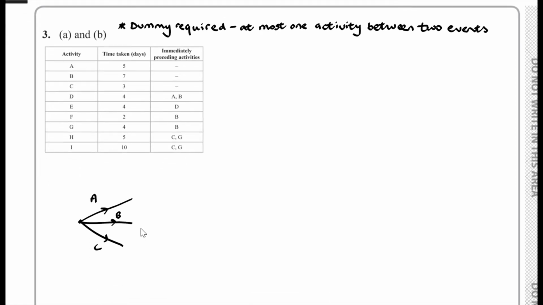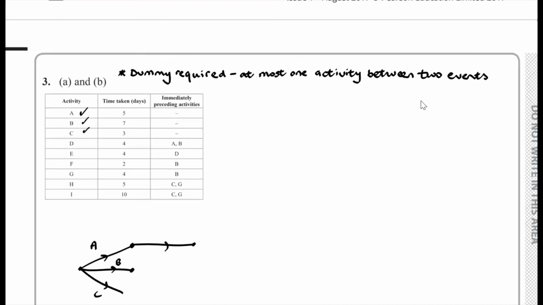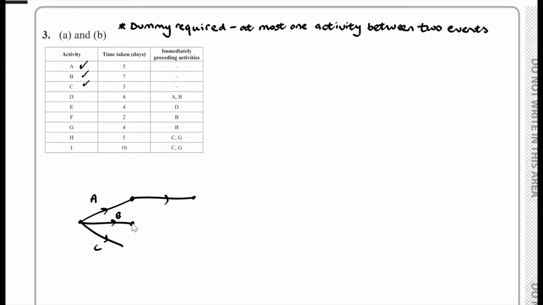Now, I recommend ticking off as you go along. If you look at activity D, that depends on A and B. So once A is completed, we can do activity D. And we can't go like this from A to B, from A to D like that. Instead, we'd have to have a dummy. Because remember, we have at most one activity between two events. So we have a dummy over here.